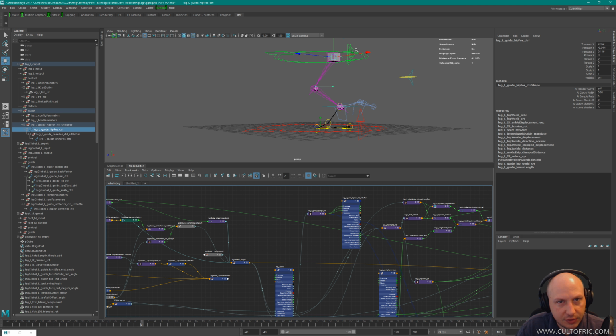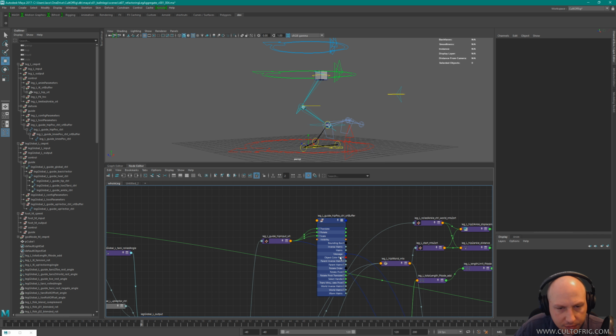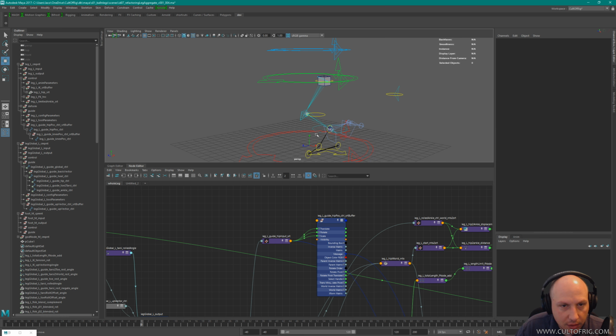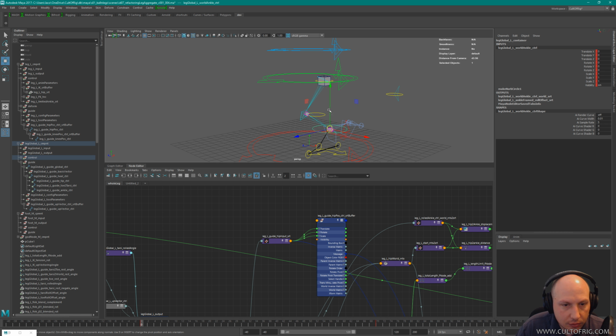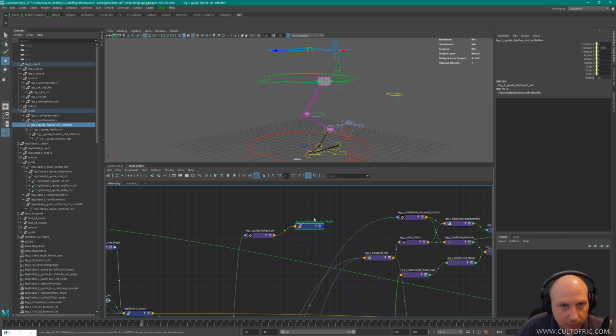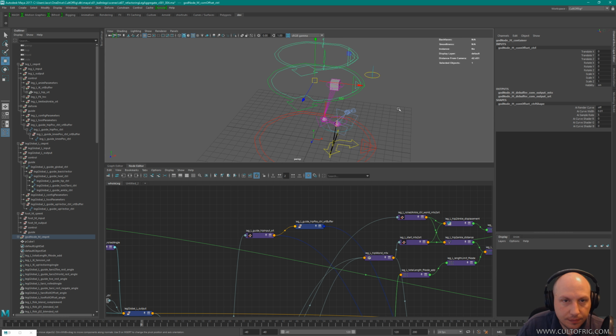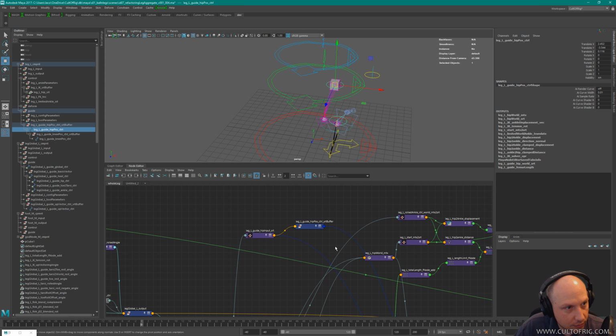Do I need the rotation of this thing? No, I don't. I don't think I do. I really don't think I do. So I might want to aim this control and call it a day, which is probably what I should have been doing right away. So, okay, come on.